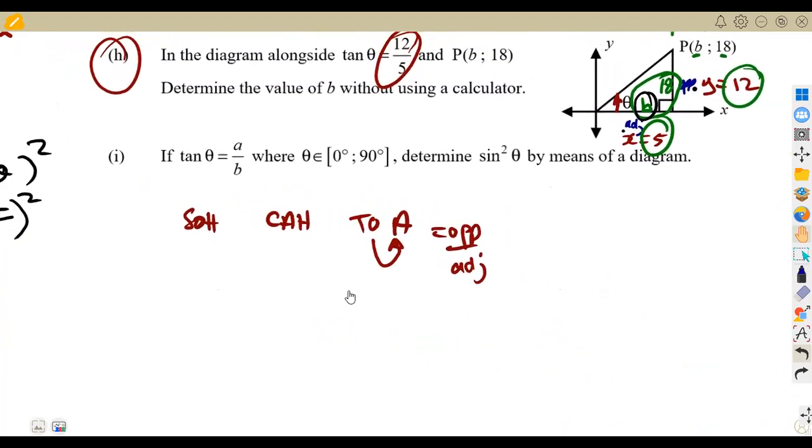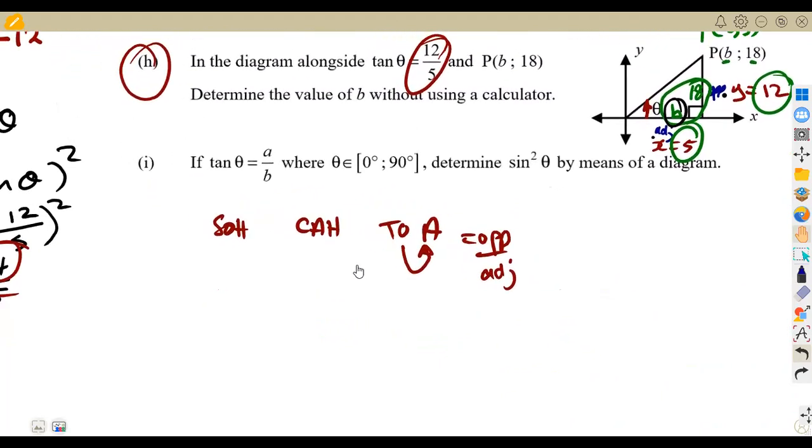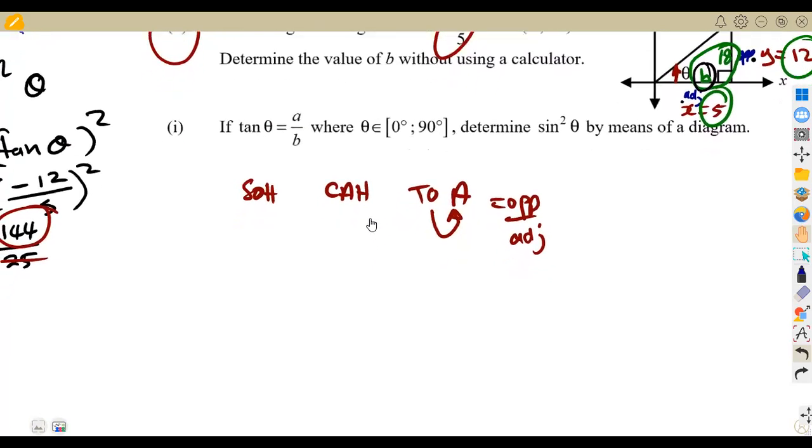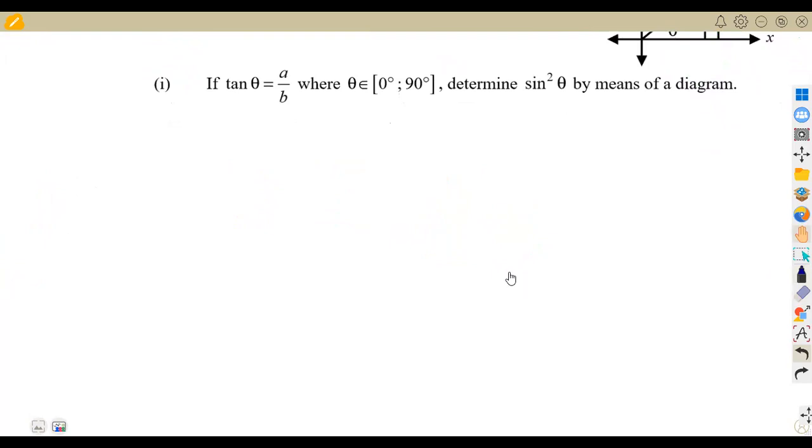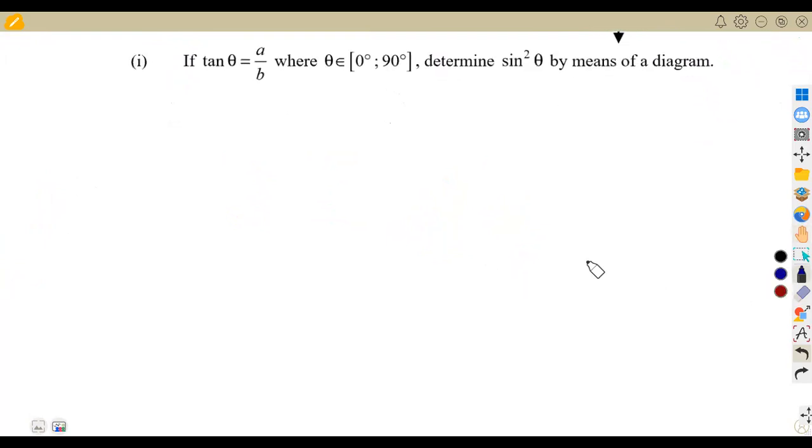So I want you to do as many questions as you can. Maybe you can just try the last one together, but try to do as many questions as you can. On the last question, they are saying, if the tan of theta is a over b, so we are given that tan theta is a over b, where theta is an element of values from 0 to 90.